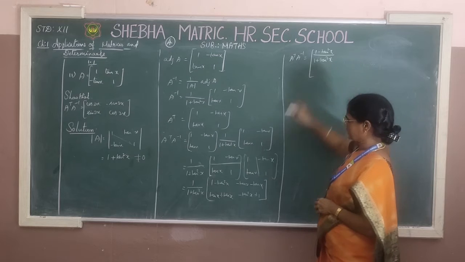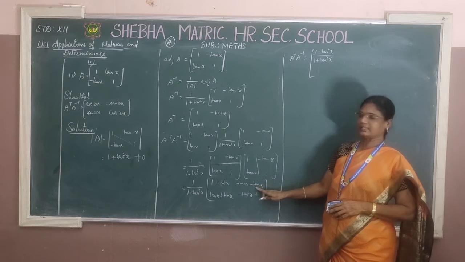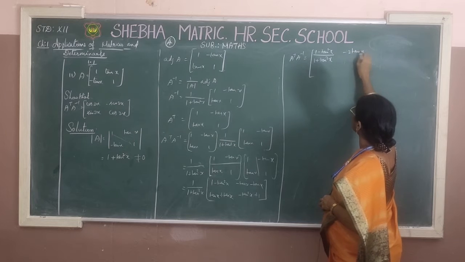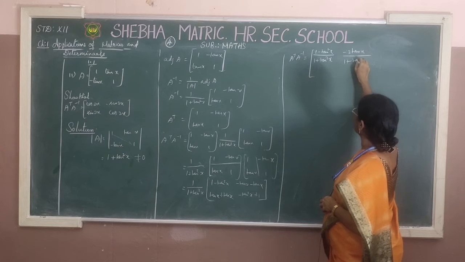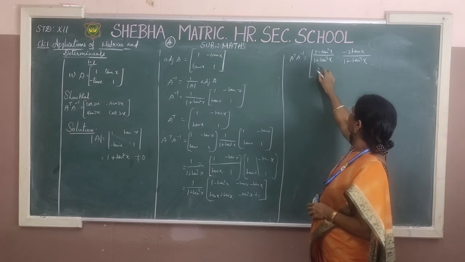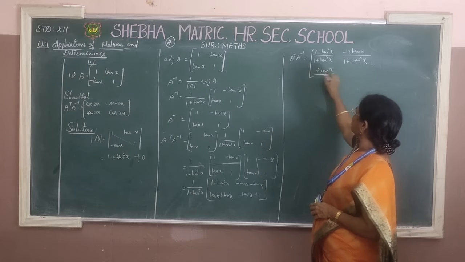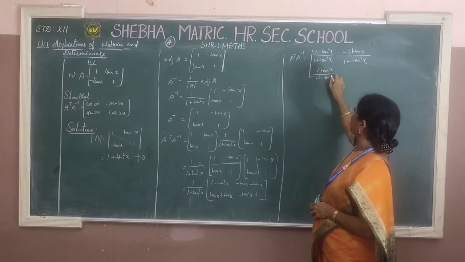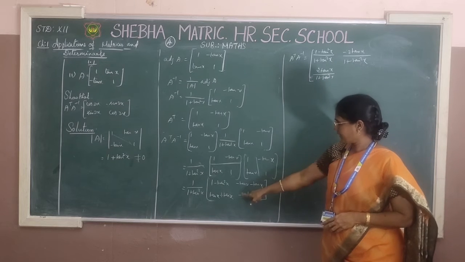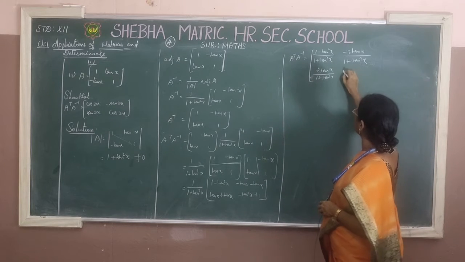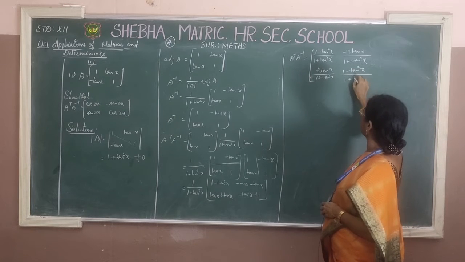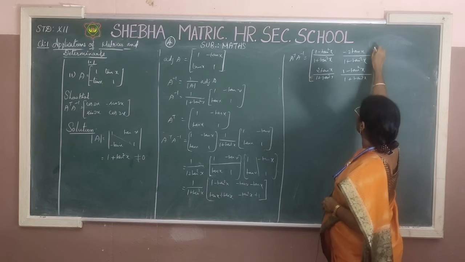The next one, minus tan x and minus tan x, we can add these two, we get minus 2 tan x divided by 1 plus tan square x. Here tan x plus tan x is 2 tan x, divided by 1 plus tan square x. The last one is 1 minus tan square x divided by 1 plus tan square x.